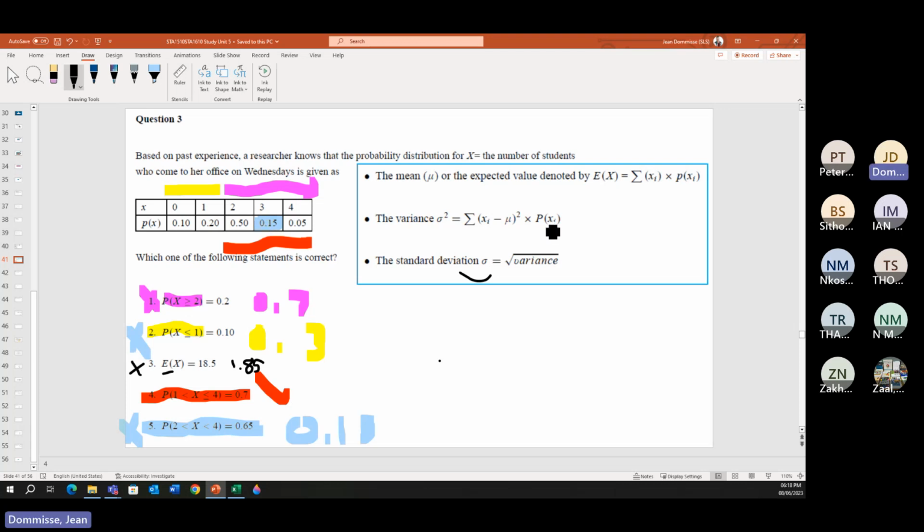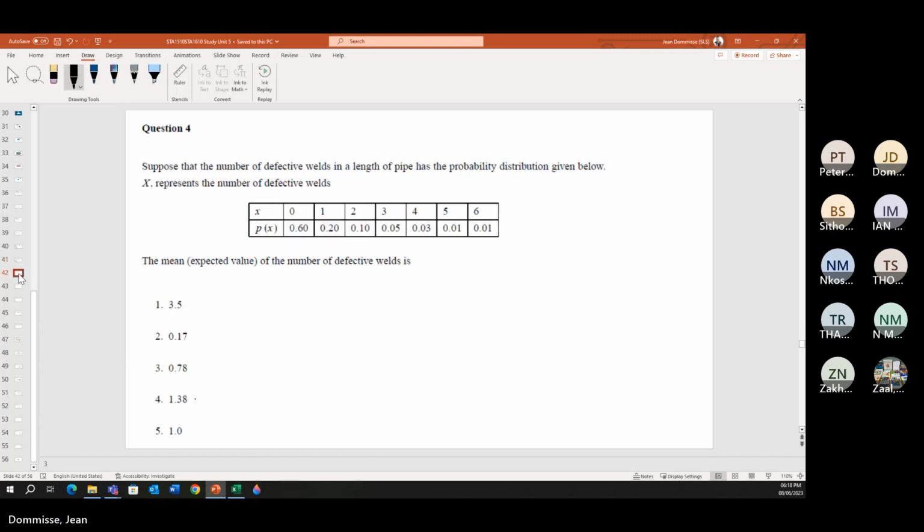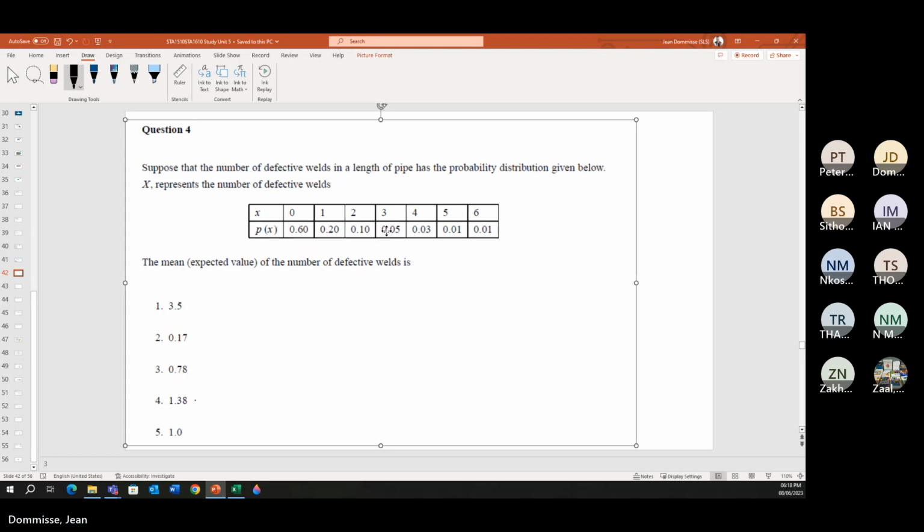Okay, let's look at the next question. Here they just give us the data, and then they ask us to work out the expected value.